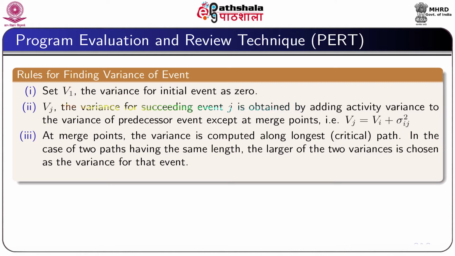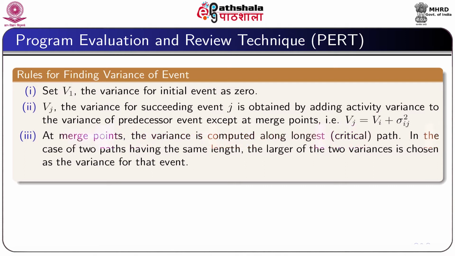Then Vj, the variance of succeeding event j, can be obtained by adding the activity variance to the variance of the predecessor event, except at merge points. So, we can get Vj as Vi plus sigma ij square, where sigma ij square is the variance of the activity ij.